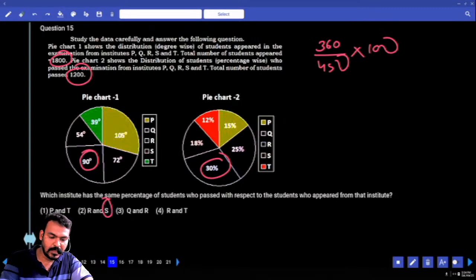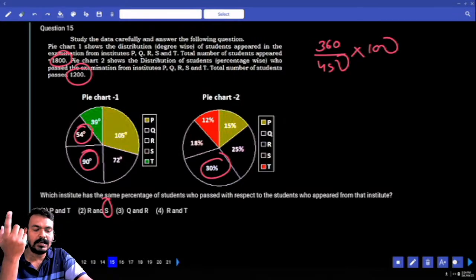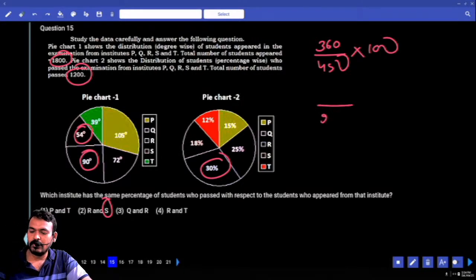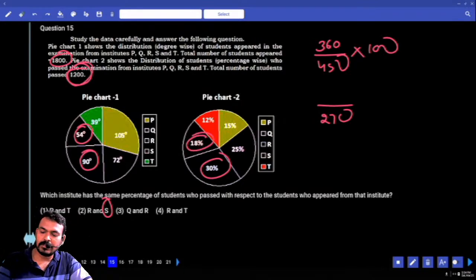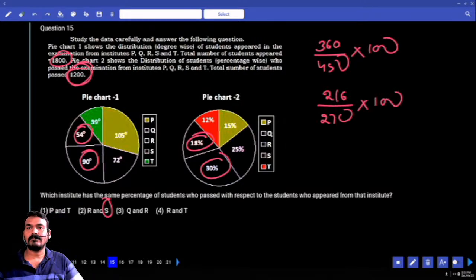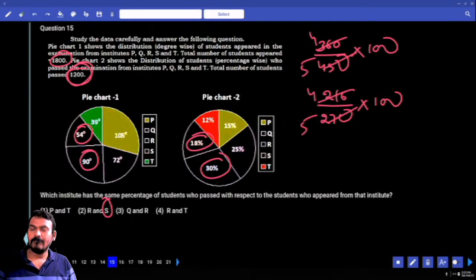S means here 54 degrees. 54 by 360 into 1800. Almost 5 times, 54 fives is 270. And for S what is the percentage? 18%. 18% of 1200 means it is 216 multiplied by 100. 54 fours, 54 fives, equal percentage or different percentage? Equal percentage. Which option? Second option.